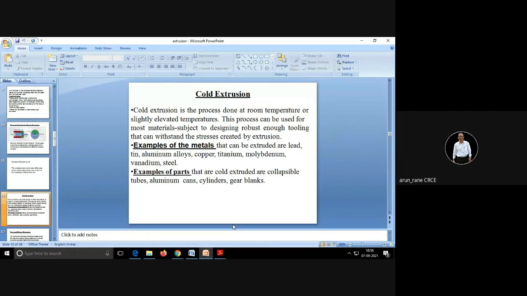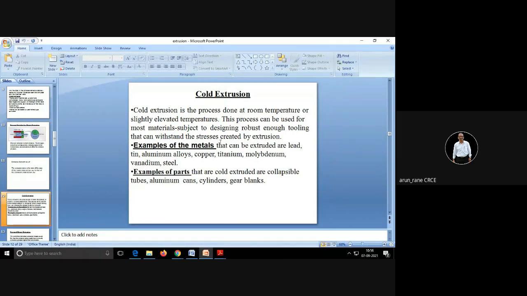It is a process done at room temperature, but don't write room temperature. Generally, it is below recrystallization temperature. They have mentioned here that it is slightly at elevated temperatures. Materials which require higher temperature definitely cannot be cold extruded.